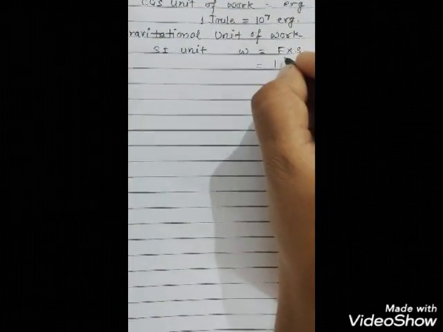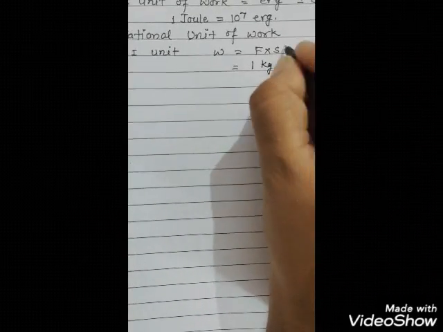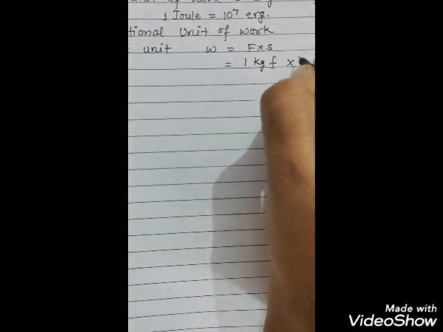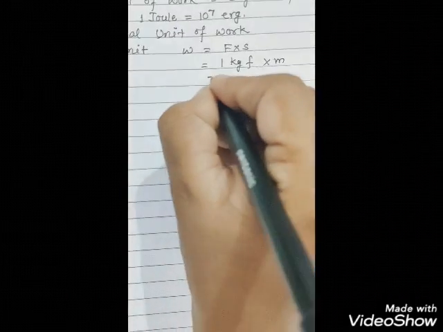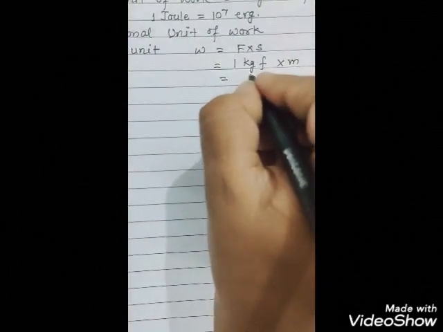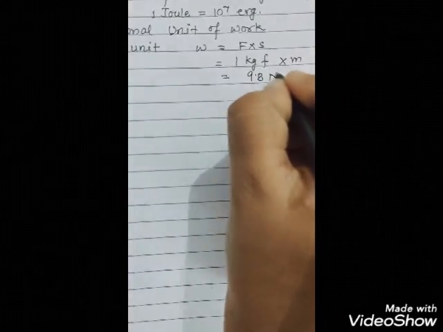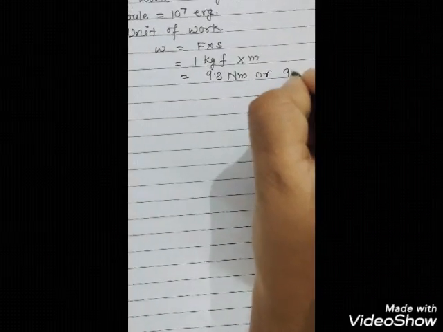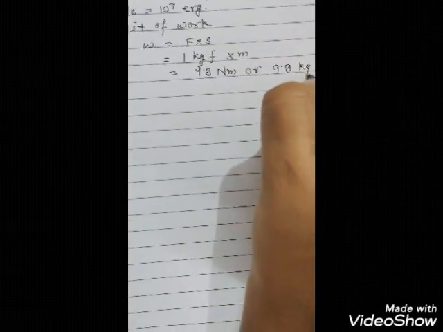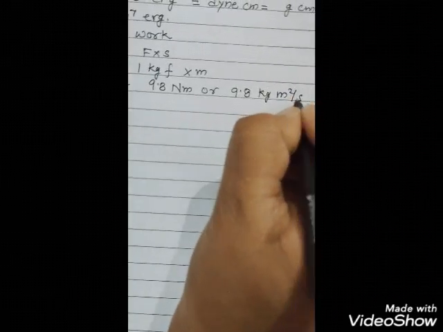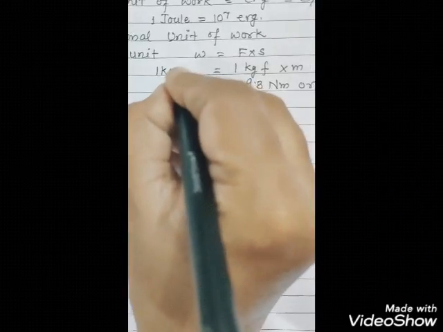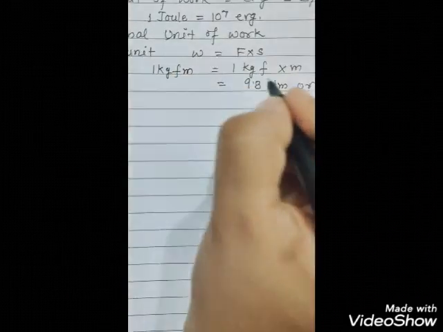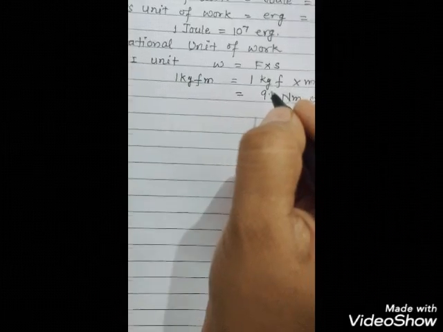The gravitational unit of force is 1 kgf multiplied with the displacement in meter. So 1 kgf m is equal to 9.8 Newton meter, or 9.8 kilogram meter square per second square. This is the SI unit of work.